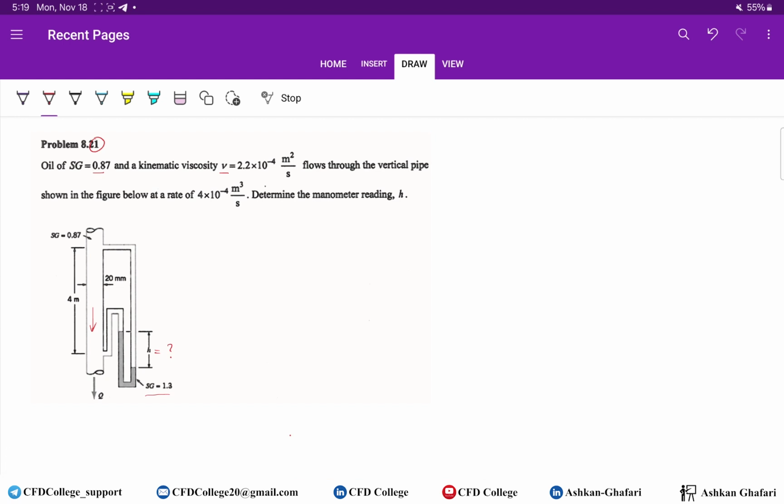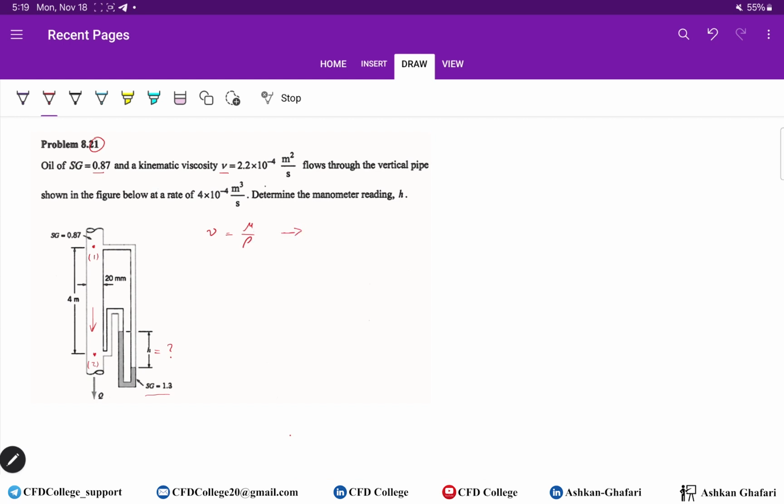Since we are dealing with a manometer, we have to find the pressure difference between these two points, let's say point 1 and point 2. We need the pressure at point 1 and point 2, or we can use the pressure difference between these points and the manometer equation to find this H. First, as you know, nu equals mu over rho, so kinematic viscosity is equal to dynamic viscosity divided by density.